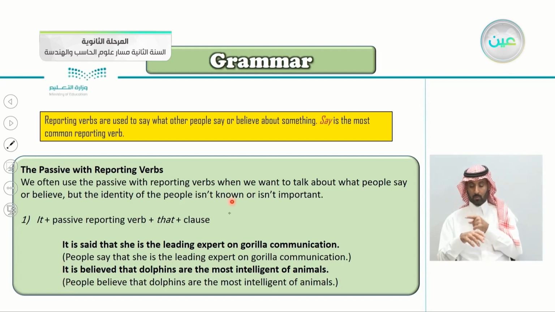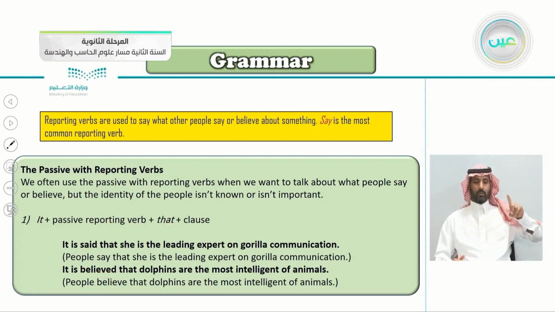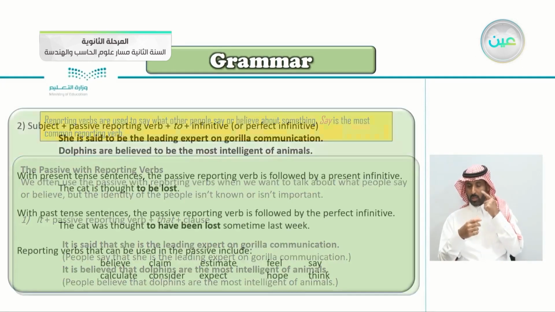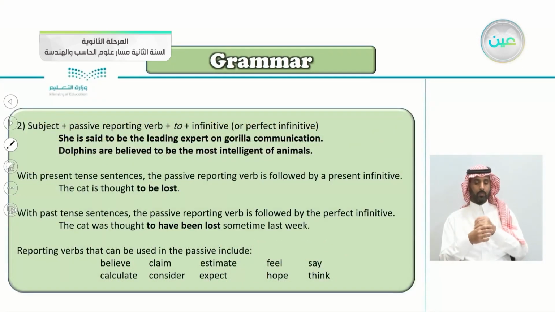It's not important, or we just don't know. So we begin with it, then the passive reporting verb, like said or believed, then the word that, then you continue with the clause, she is the leading expert, or dolphins are the most intelligent of animals.